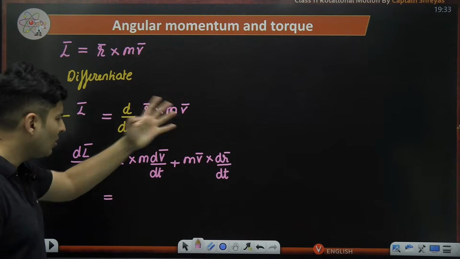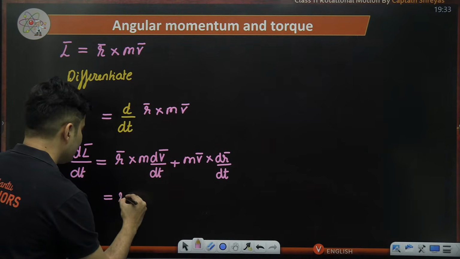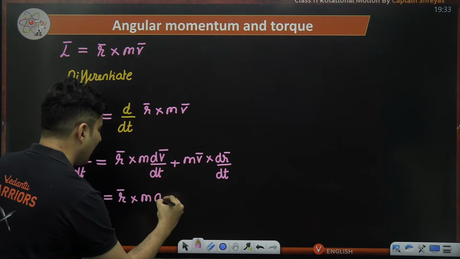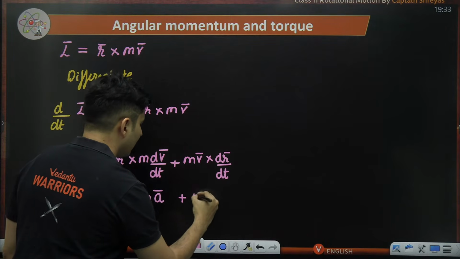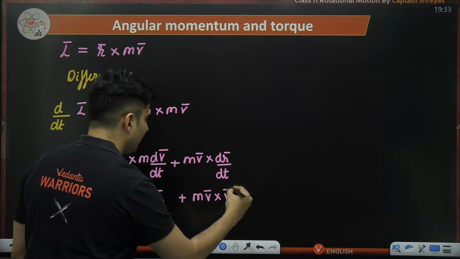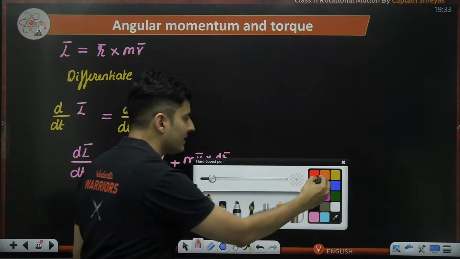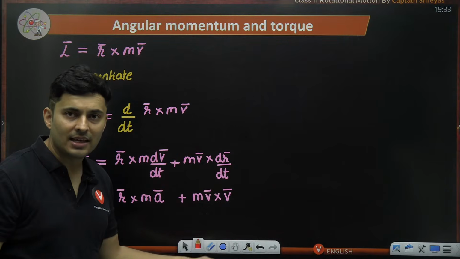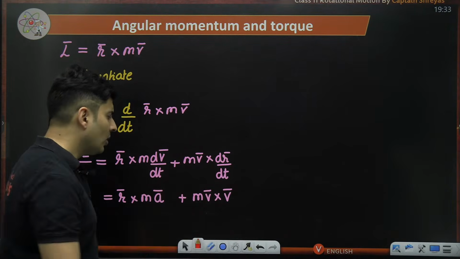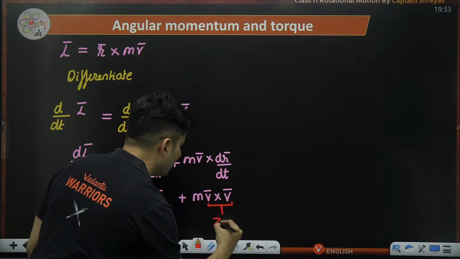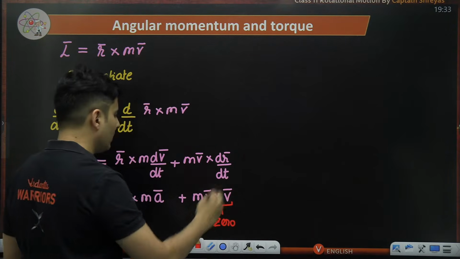Now, r cross m dv by dt is mass times acceleration, and mv cross dr by dt involves velocity. This is the interesting part: if you take a vector and cross it with itself, a cross a, i cross i, j cross j, it is always going to be 0. So this term is a big fat 0.